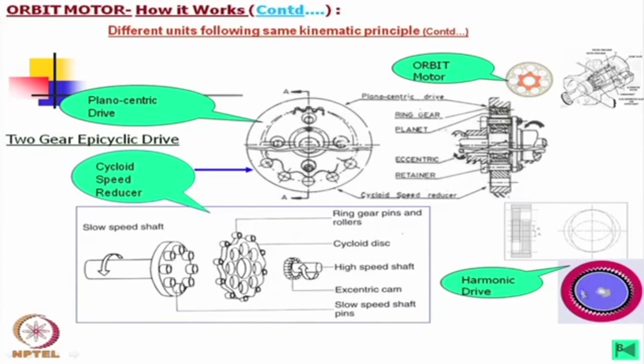Only in this case we are using a flex gear, because by making the gear flex we can go for a 2-teeth difference, whereas in the other case we cannot go for a 2-teeth difference, a minimum 4-5 tooth difference will be there. Anyway, that is a different issue, we are not going into that, but the kinematics which I have explained applies to all such machines, which fall in the same category. Okay.